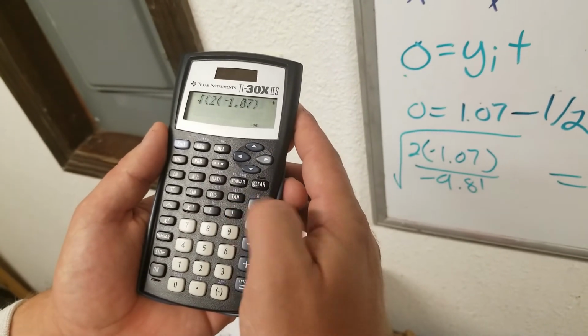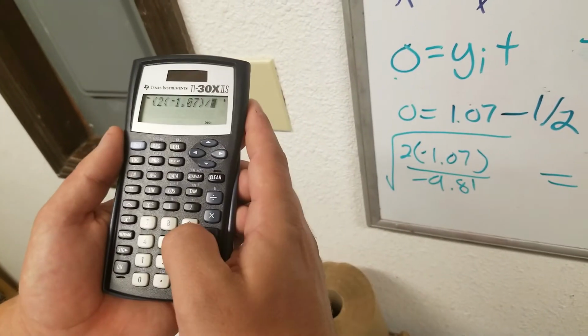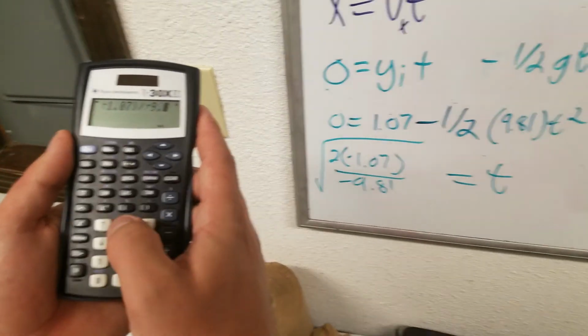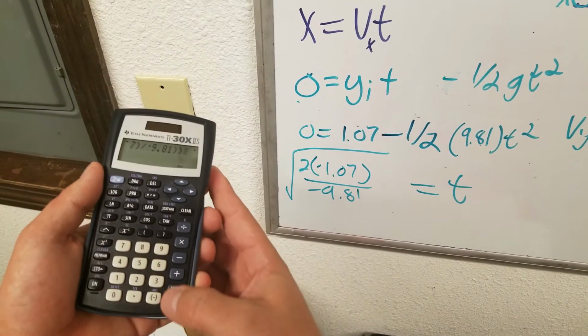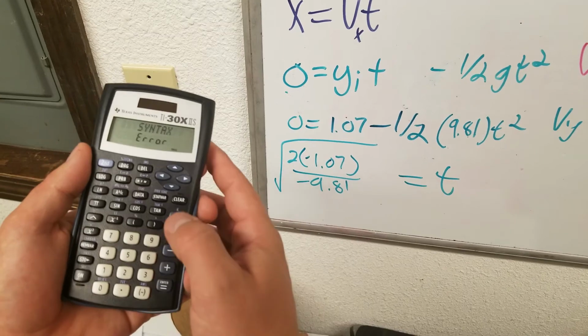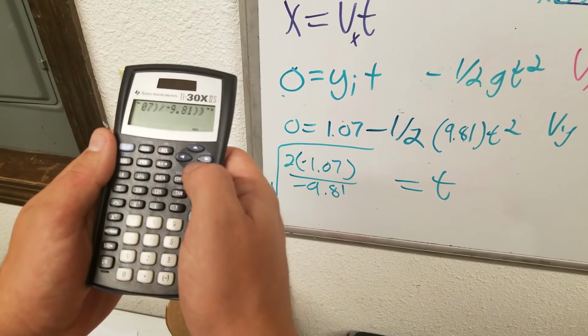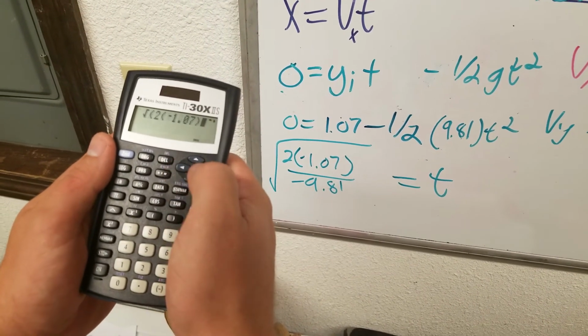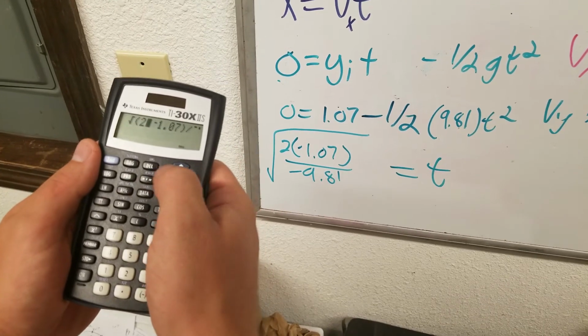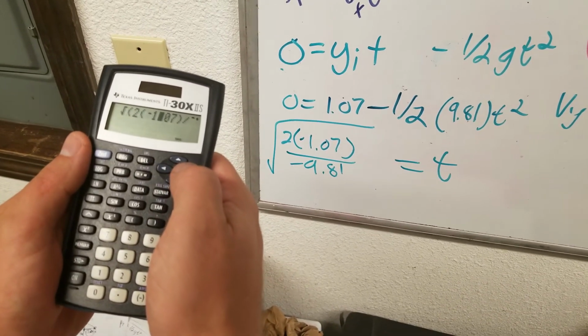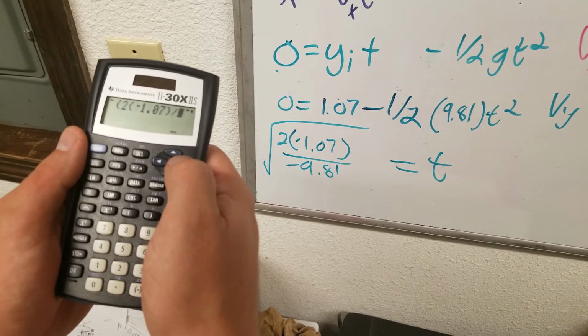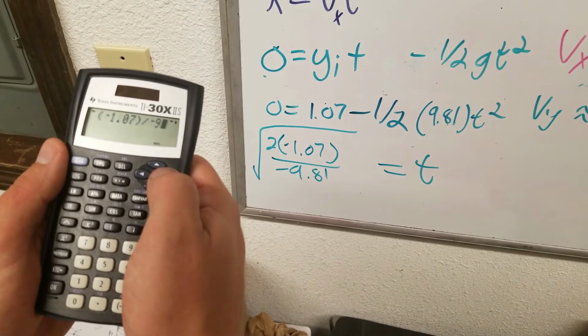Divided by negative 9.81. And we want to make sure we close all those brackets, right? And that becomes syntax error. Let's try that again. Why did it become a syntax error? Okay. 2 times negative 1.07 divided by negative 9.81.